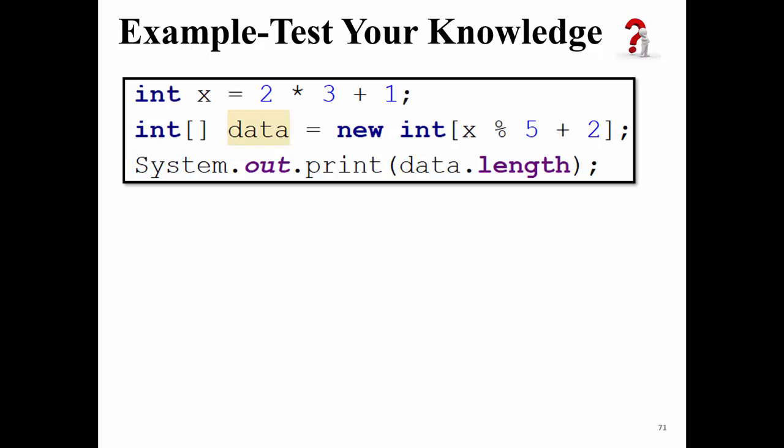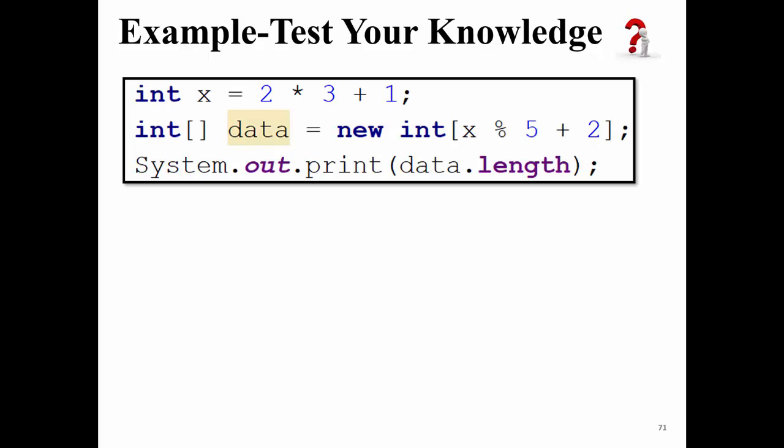Now, testing your knowledge here, we do some calculations and we store the value in x based on these calculations, and we ask the compiler to define an array of integers. But the number of elements there is also another arithmetic operation.